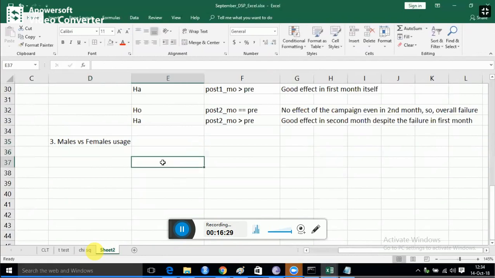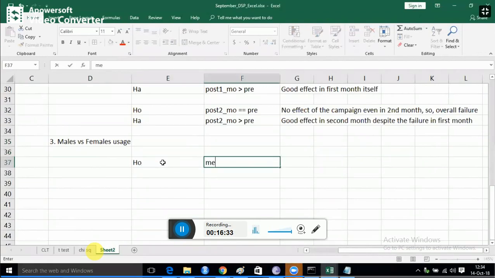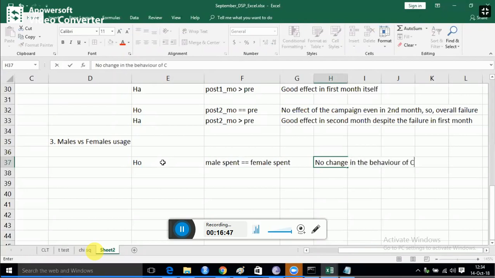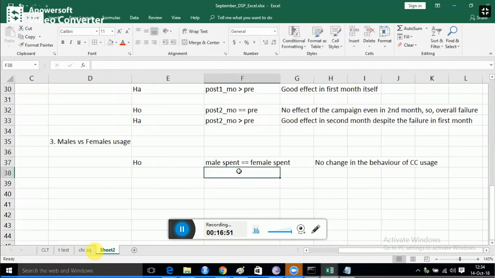What is my null hypothesis here? Male spend equal to female spend. What do you conclude? No change in the behavior of credit card usage, or both are having the same usage patterns.